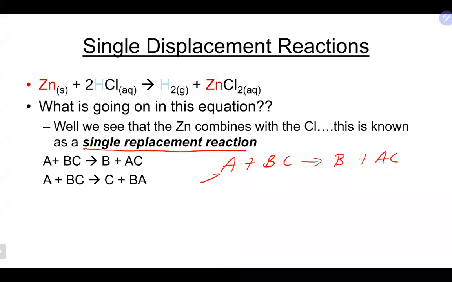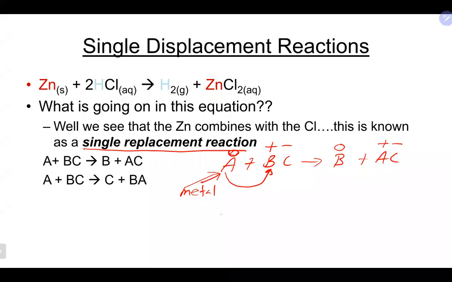This A can be a metal, and this is an ionic compound, so this is a positive and negative guy. If A is a metal, it does not have a charge here. It will come in and replace the positive guy. When it does, it will make a new ionic compound, and the guy that it replaced will come out with no charge, in its elemental form, by itself, uncombined.